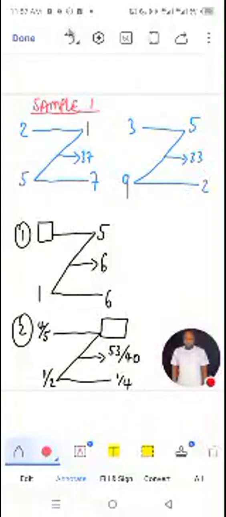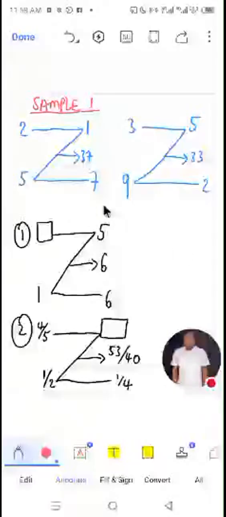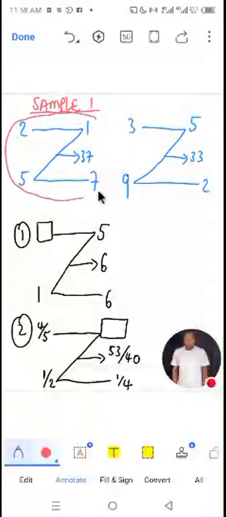Drop your answer in the chat. Think. Look at the sample. Look at this one, and then look at this one.